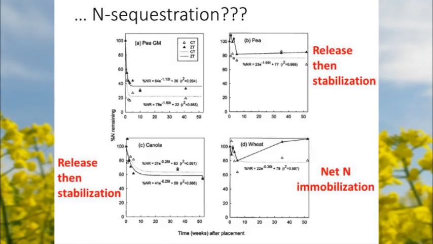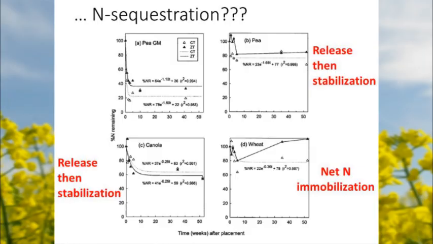And you can see here that canola releases some of its nitrogen, it looked like about 40% of that residue nitrogen, and then it stabilized. This was also shown with field pea, whereas wheat lost about 20% of its nitrogen and then started pulling in or tying in nitrogen. And so that balance between release and stabilization is important, and it influences the availability of nitrogen after that crop into the next season.